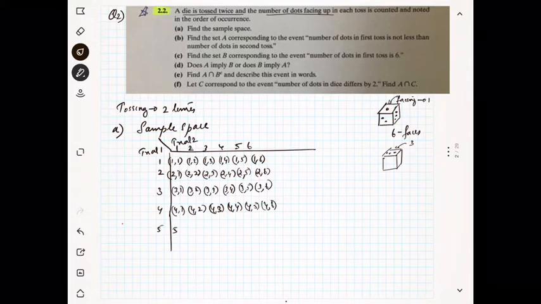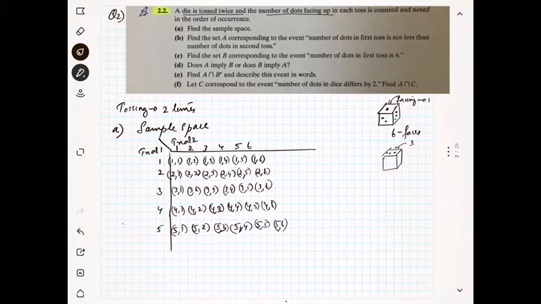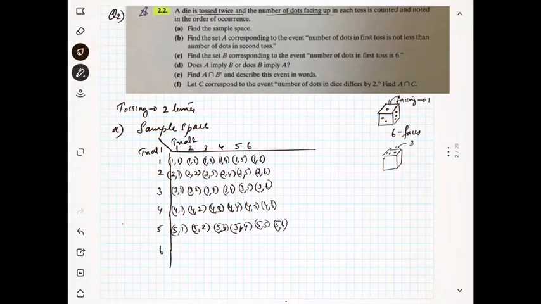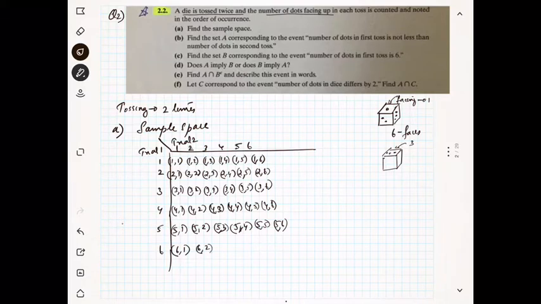Next 5, 1; 5, 2; 5, 3; 5, 4; 5, 5; 5, 6. And in the first trial you may get 6, and in the second trial 1: 6, 1; 6, 2; 6, 3; 6, 4; 6, 5; 6, 6.